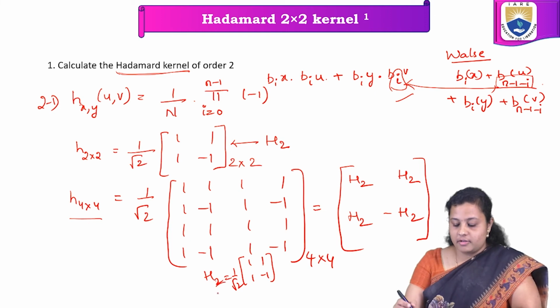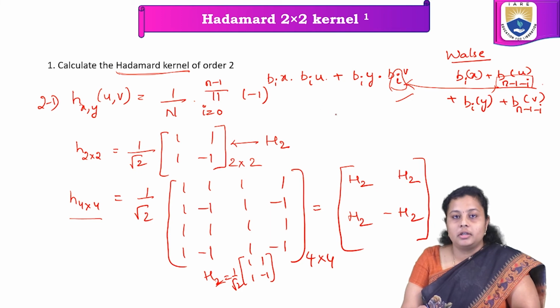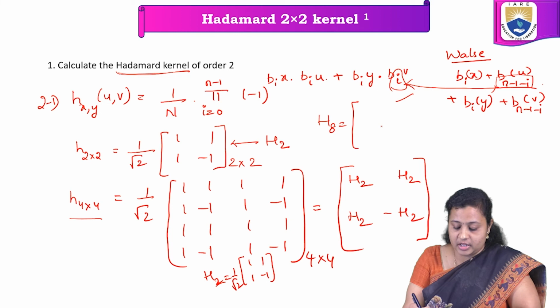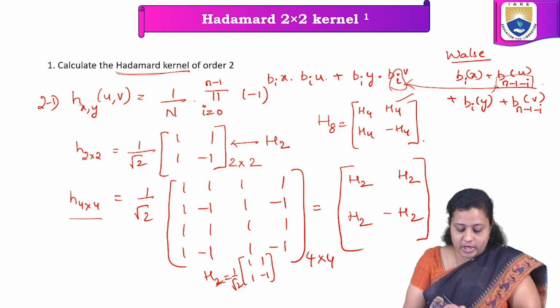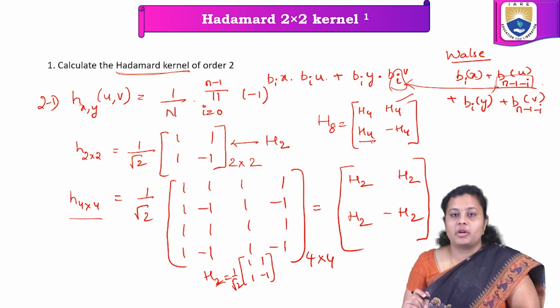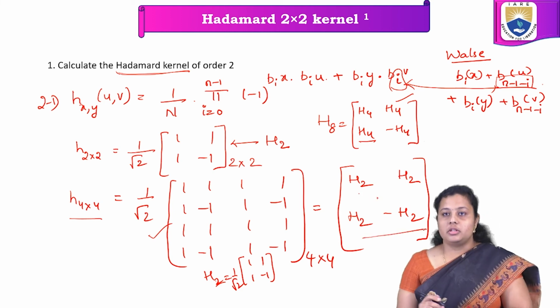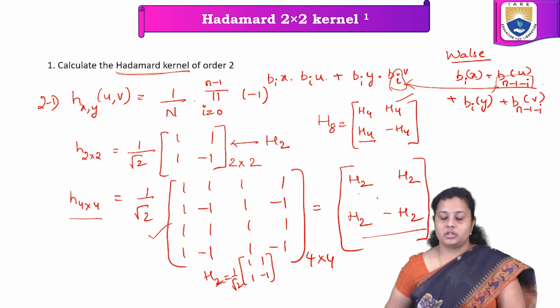Similarly, if I want to calculate the Hadamard kernel for 8, then I can simply write it as H4, H4, H4 and minus H4, where my H4 represents my fourth order kernel matrix, which is given here. Now, how is H4 calculated? Recursively from H2, right? So this is how Walsh and Hadamard equations can be calculated.